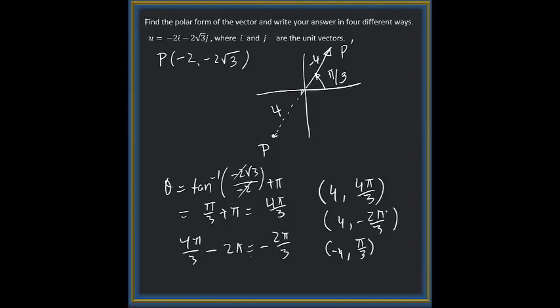This is another representation, and the fourth representation will be negative 4. Now we need to find the coterminal angle of this. So the coterminal angle in this case will be pi by 3 minus 2 pi. So that gives me negative 5 pi over 3. So these are all four representations of the point P in polar coordinates, and we are done.